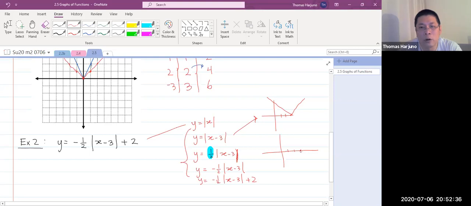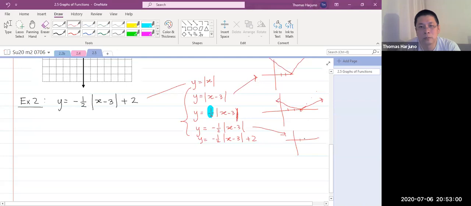So instead of moving up 1 unit every time you move to the right, now you move up 1/2 instead. Okay, then what happened here? Then you flip that upside down. So it will be like this later on, right? And then you move up 2 units.